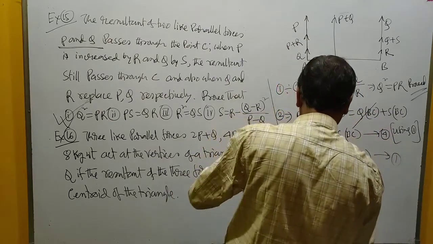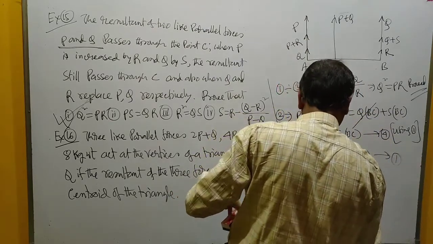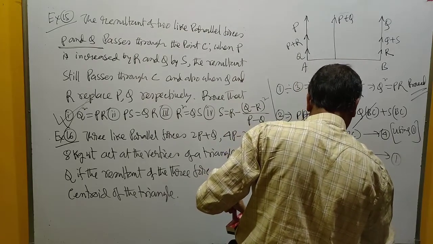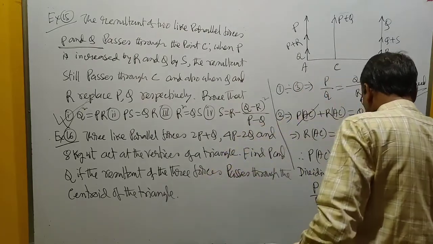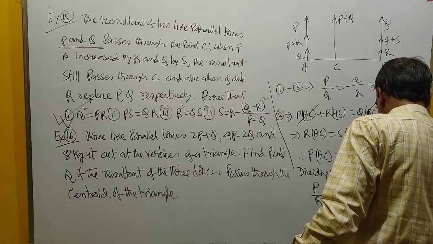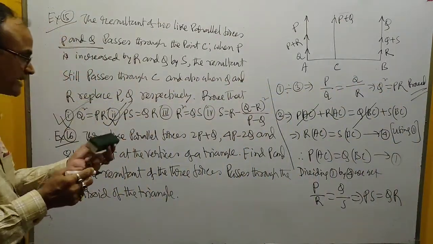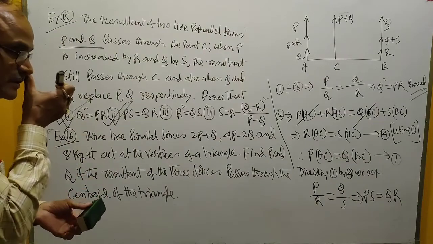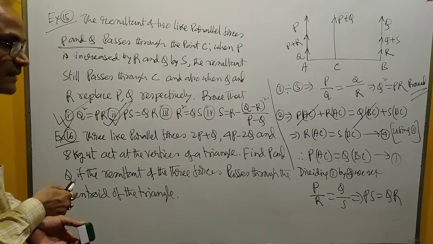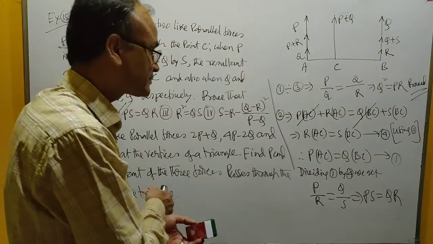We get P divided by R equal to Q divided by S. This means PS equals QR. The second one has also been proved: PS equals QR.